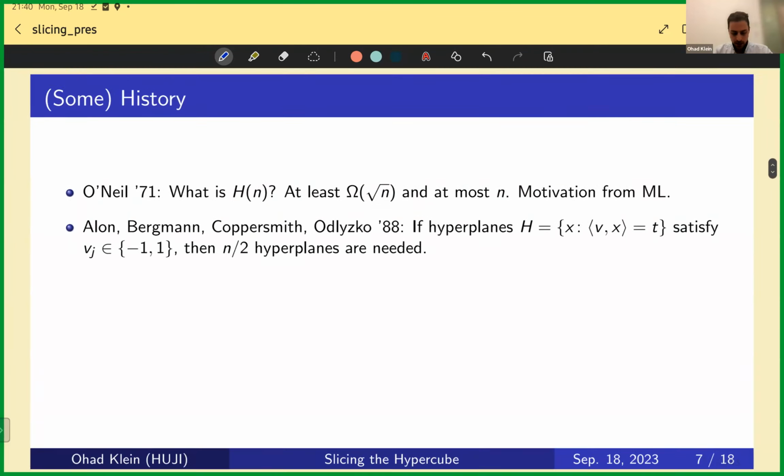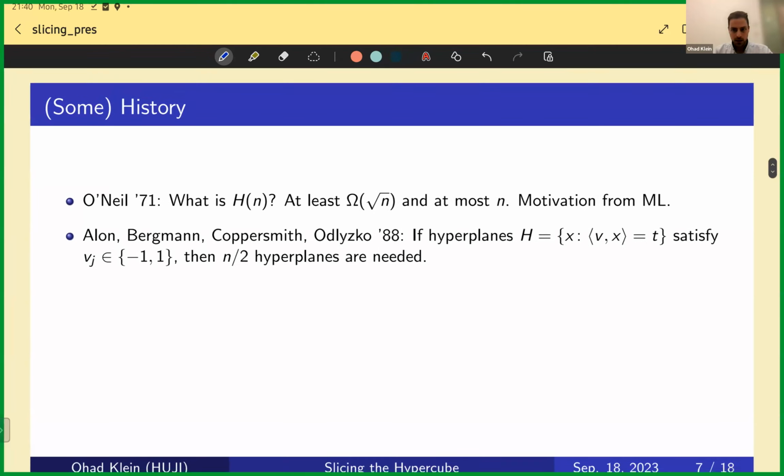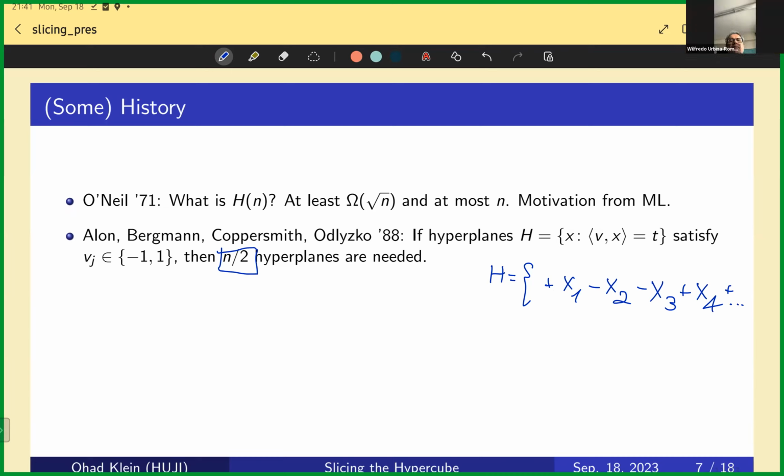Then several years later, Lond and co-authors showed that if the hyperplanes have some specific form, that is, if the hyperplanes look like plus x1 minus x2 minus x3 and so forth, that is, each coefficient is either plus or minus 1, then we need n over 2 hyperplanes to cut all edges of the hypercube, and this is actually tight in a sense.